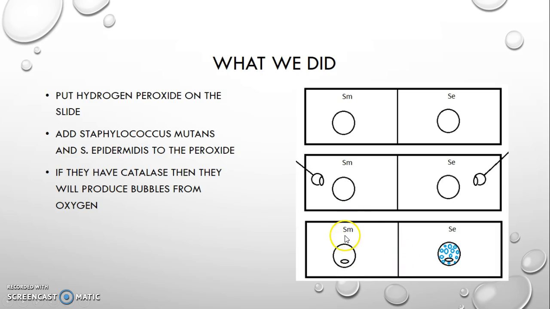Streptococcus mutans does not have any bubbles, so we know that it's probably not aerobic. These cells are probably just dead because they're exposed to the toxic hydrogen peroxide, but these cells might still be in a relatively living state. There's a lot of hydrogen peroxide, so it probably killed it. But you can see the results: this has O2 bubbles and this doesn't.